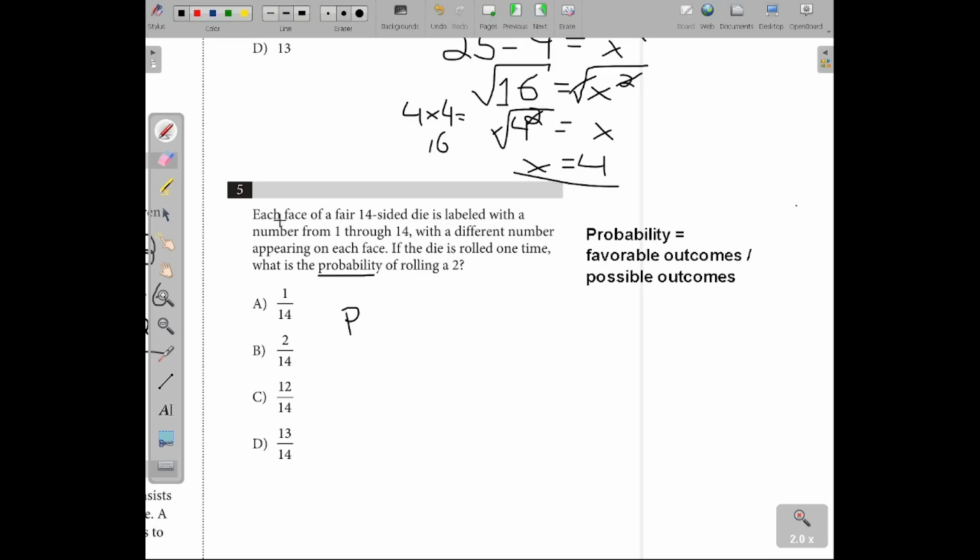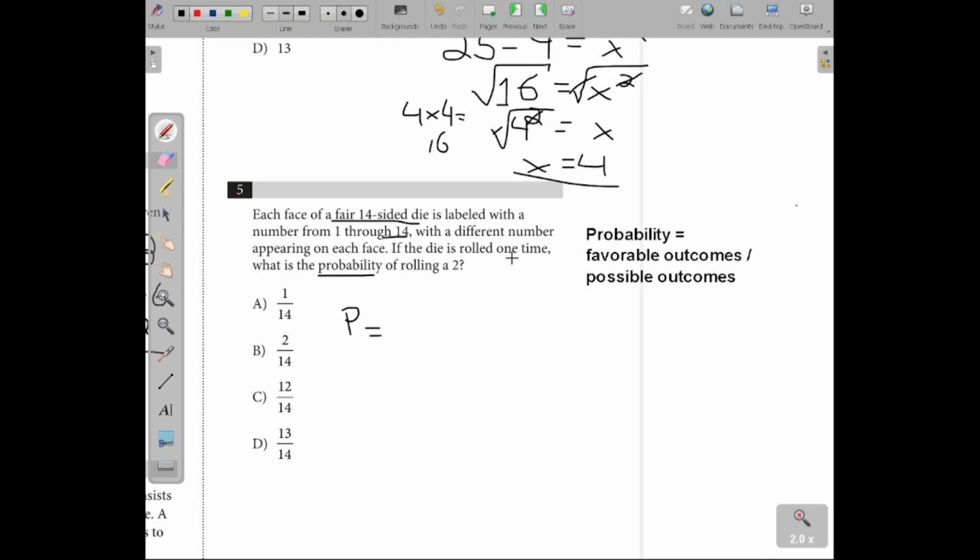Alright, now let's read. Each face of a 14-sided fair die is labeled with a number from 1 through 14. So we have 14 possible outcomes with a different number appearing on each face.